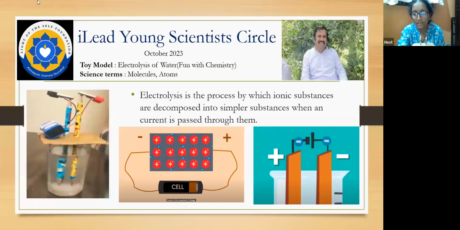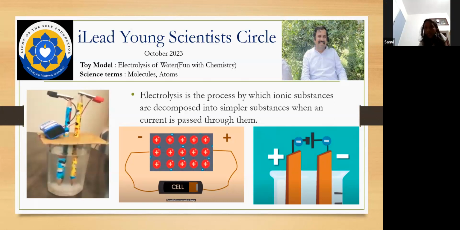See, this is a very important concept. The two electrodes which I am showing here, the plus and the minus, these two pencils act as cathode and anode. The names you have to remember. The tip of the pencil which is connected to the negative terminal of the battery is called cathode. Negative means cathode.